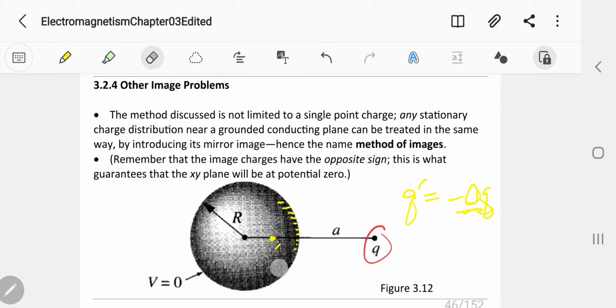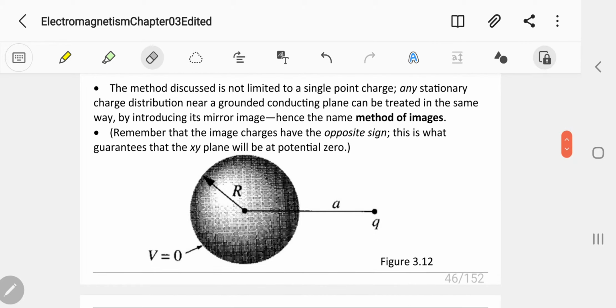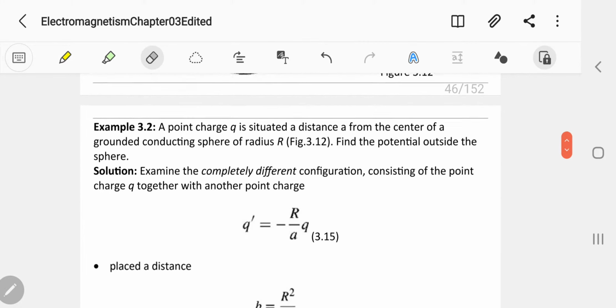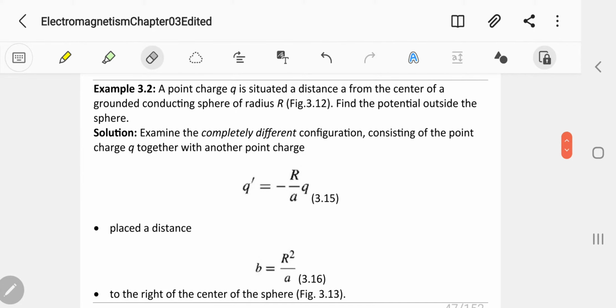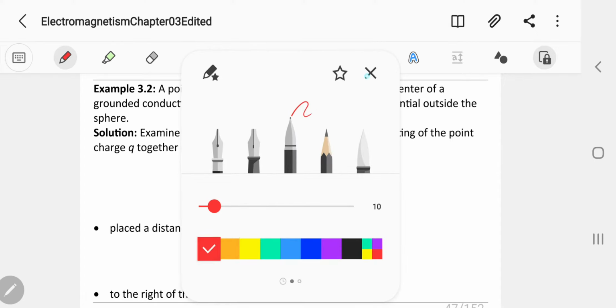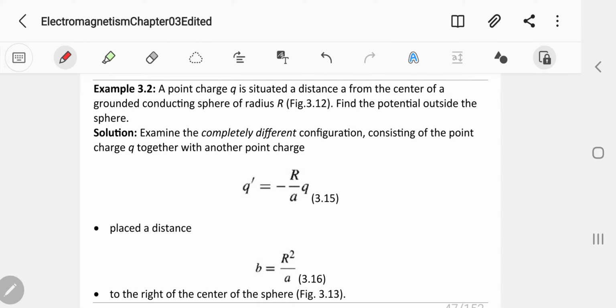So we take a look at this problem. We will make some guesses on the potential, but anyway, let's take the perfect guess. So we'll choose a charge that is inside, the charge induced by the charge Q, which is Q prime.